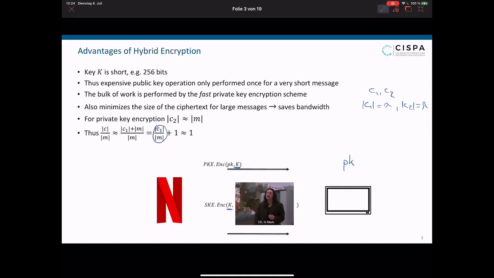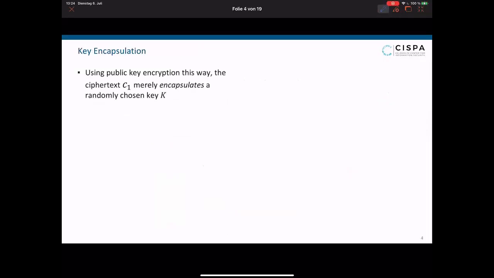As we've seen, in hybrid encryption we're just encrypting keys in the public key encryption scheme. We're not actually encrypting, say, meaningful information, right? And this leads to the notion of key encapsulation. This is also another notion you should have at least met once when graduating from this course.